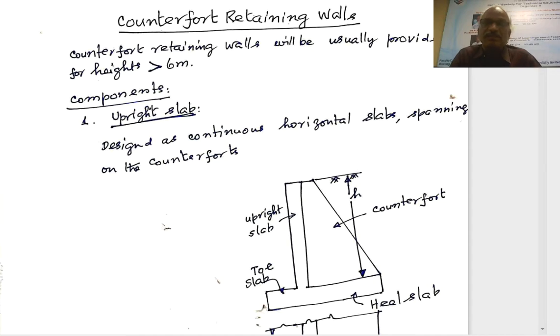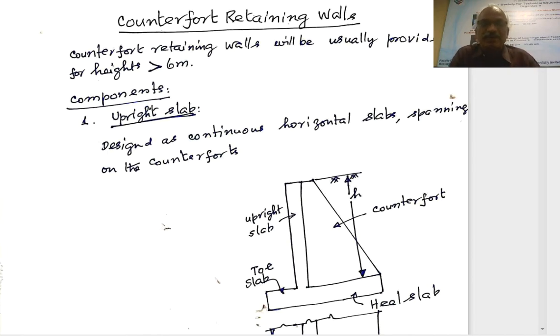Now here the vertical wall is called upright slab. Upright slab is the more correct term, but it is generally used in books as stem for this also. But anyway, that opinion differs, right?